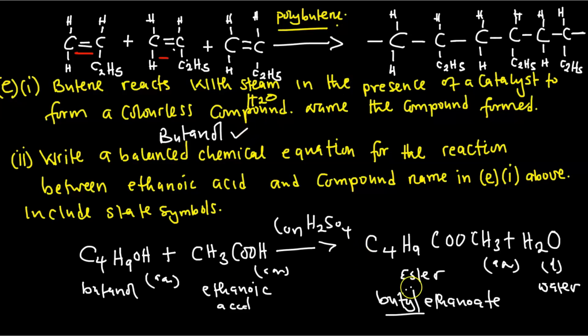And now the equation, when the colorless product produced above reacts with ethanoic acid, it produces butyl ethanoate, that is an ester, and water only. This is the reaction. So counter check if all the atoms are balanced.